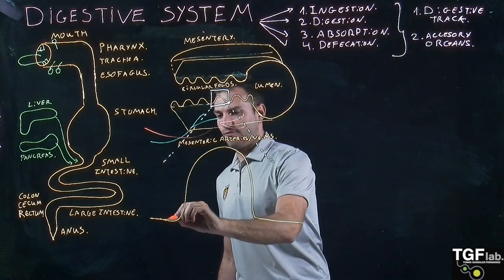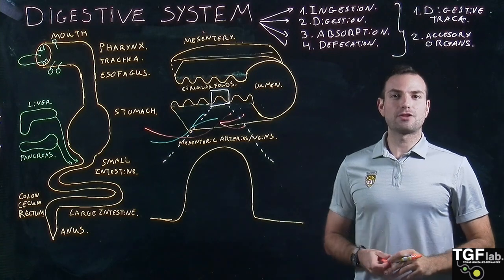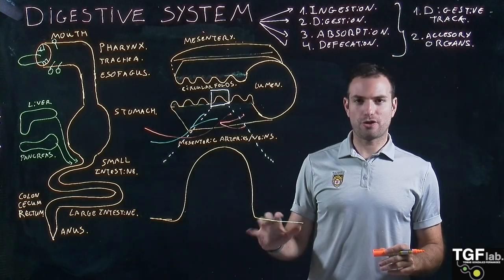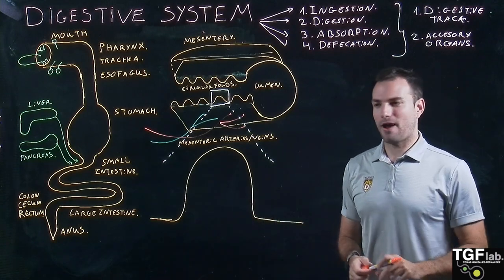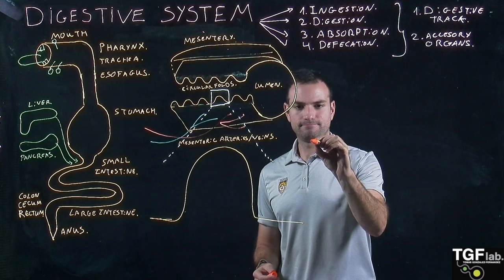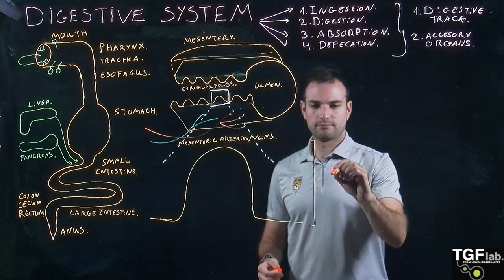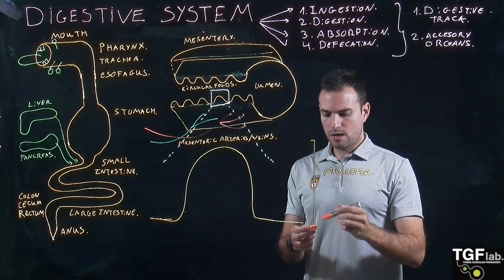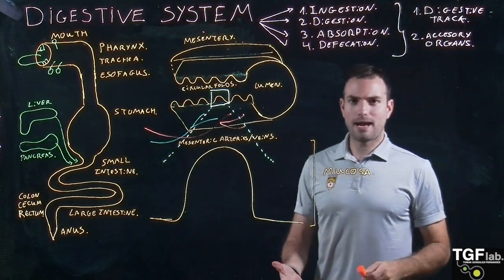Okay, so this is the fold here. So the fold is going to have different layers. This epithelium is going to have different layers. So we are going to look at them right now. So the first layer of the epithelium is the mucosa. So the mucosa is formed by different layers.